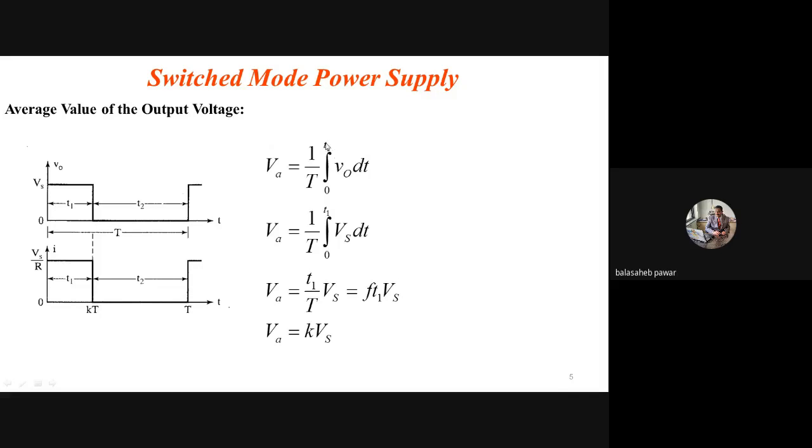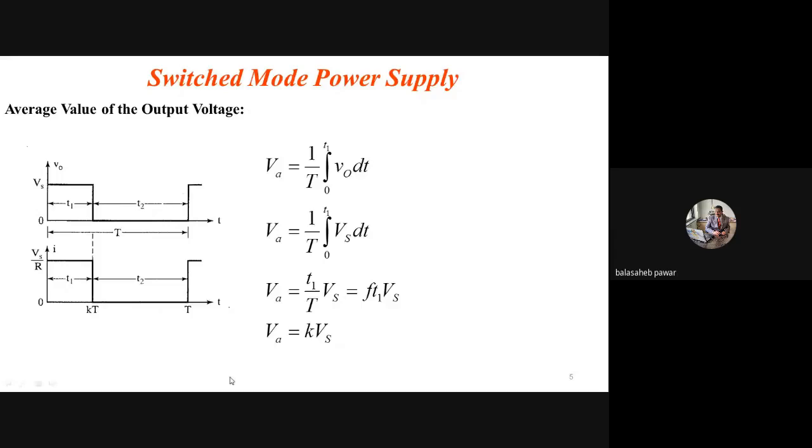And we derived the average output voltage VA, where K is nothing but the duty cycle. So VA equals duty cycle into Vin. Vin is nothing but our supply voltage, the amplitude of the supply voltage. In our example, it is 20 volts.